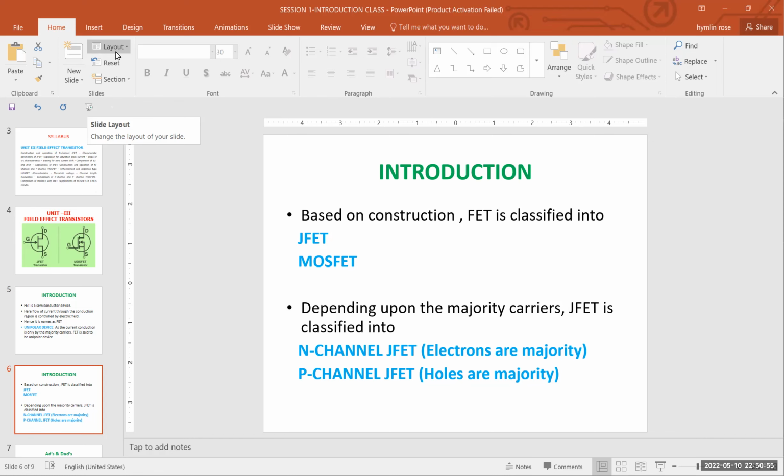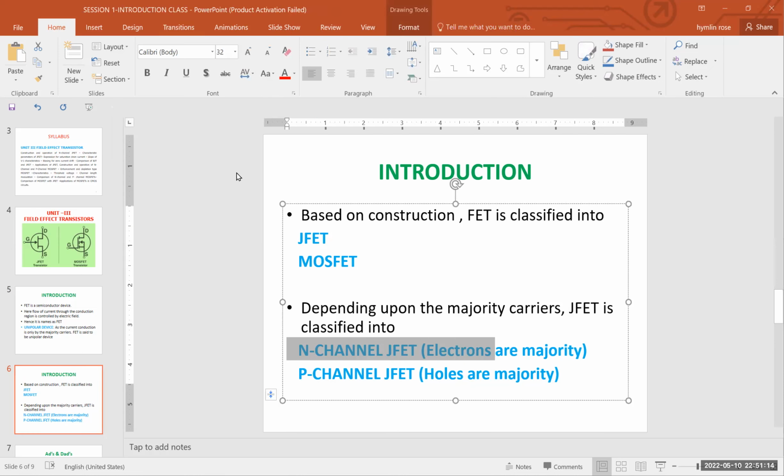And another one is the P-channel JFET, where the holes play a major role in the current conduction. In your syllabus only the N-channel is asked, so we are going to discuss only the N channel.